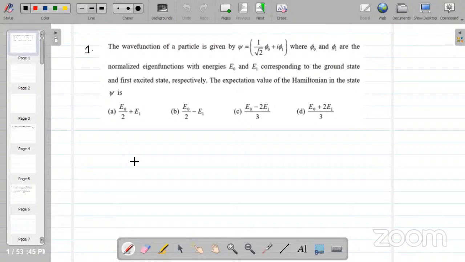So they have given a superposition of the eigenfunctions phi naught and phi 1. They ask to calculate the expectation value of the Hamiltonian in the state psi. Any clarification in the question? I hope all of you understand the question, right?